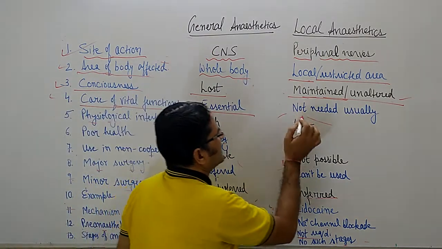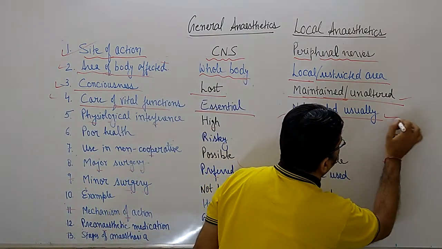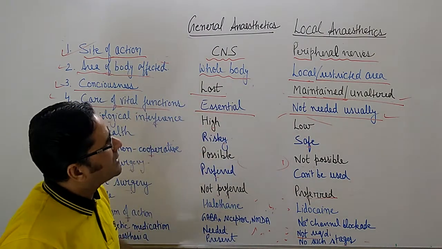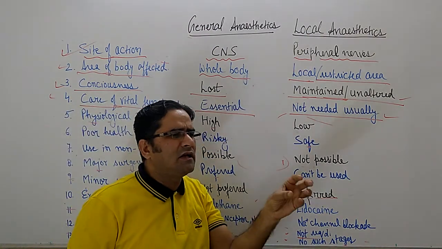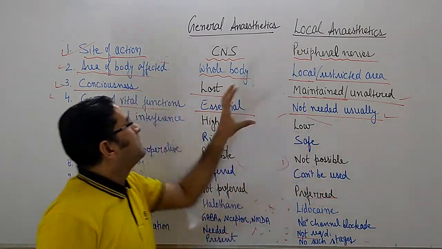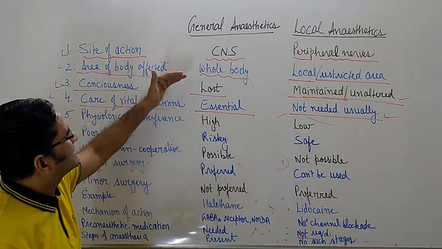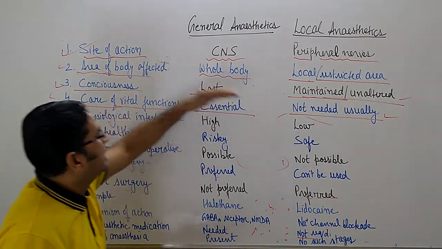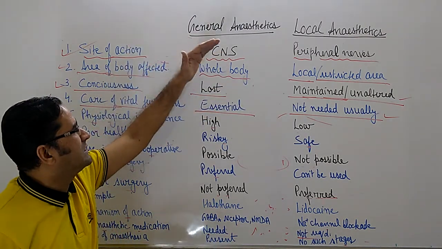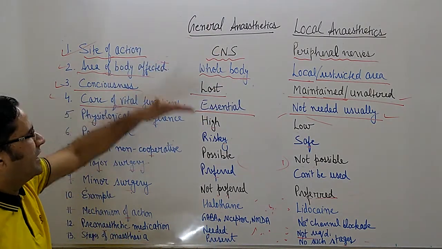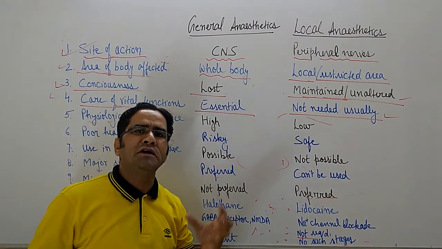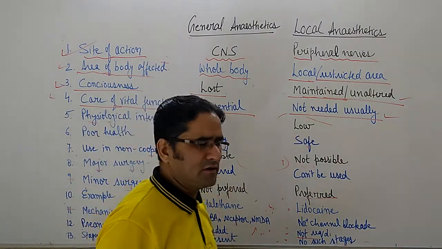But in case of local anesthetic, it is usually not needed, because the local anesthetic remains in a particular part of the body. General anesthetic affects your brain and your whole body, as we have just seen. Therefore, whenever we are using general anesthetics, care and monitoring of vital functions is necessary.